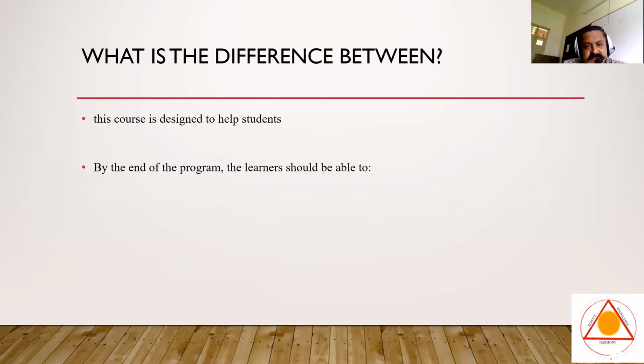This course is designed to help students, and by the end of the program, the learner should be able to. Now, either of these is a goal and one of them is an objective. Can you help me to find out which one is goal and which one is objective?